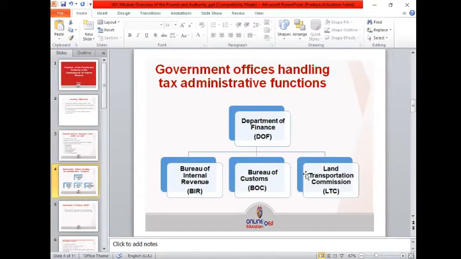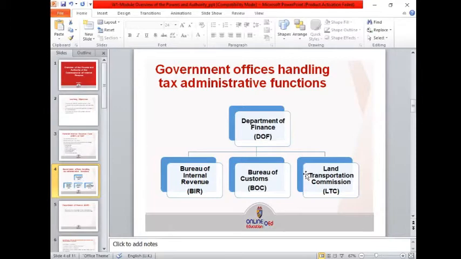So who are the government offices or agencies that handle the tax administrative functions? We have the Department of Finance under Secretary Carlo Dominguez III, and under the Department of Finance are also the government agencies for the tax administrative functions. We have the BIR, the Bureau of Customs, and the Land Transportation Commission.